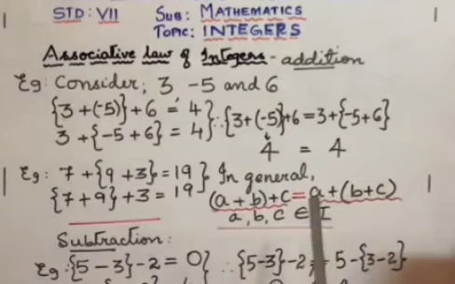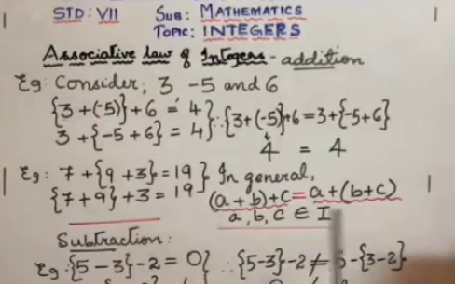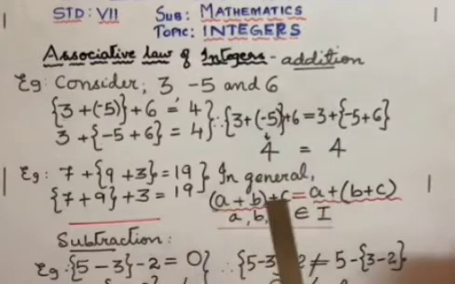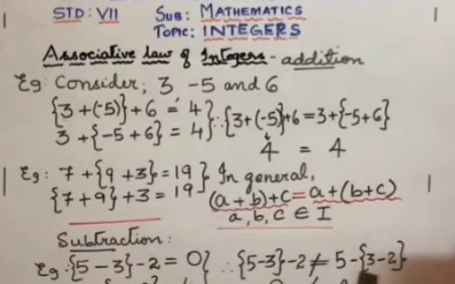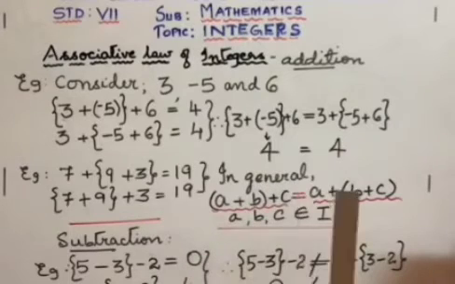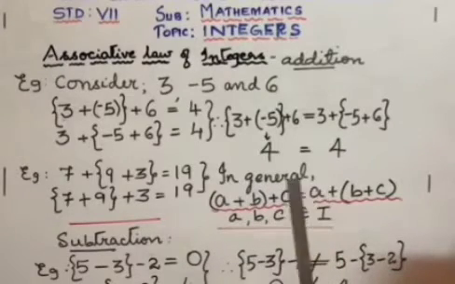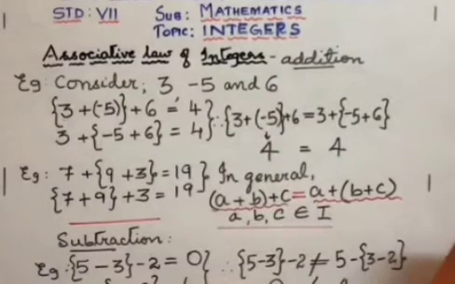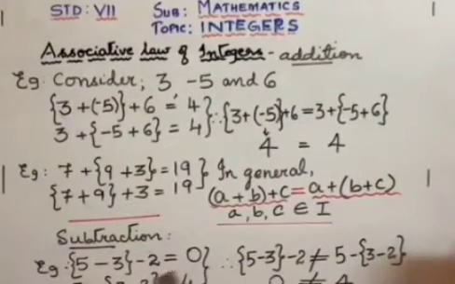But the answer, as you have seen in these cases, remains the same. This property is called associative property of integers with respect to addition. So we can say associative law holds good with respect to addition of integers. Now let's see if it holds good with respect to subtraction.